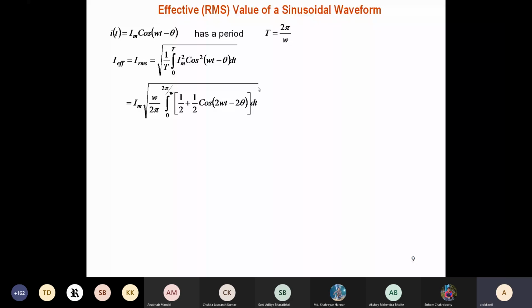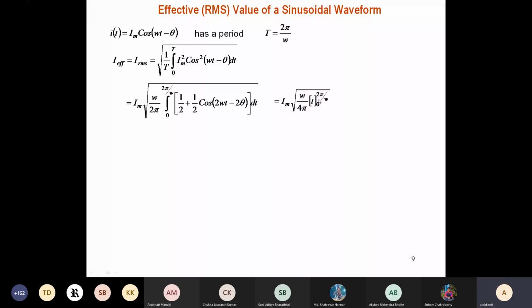When you do this integration, the integral of a cos over the whole cycle will give you zero. So you ultimately get Im omega by 4 pi, because this 1 by 2, this 1 by 2 will go with the denominator, so that is 4 pi. That is omega by 4 pi, and the integral of dt, which is t, from 0 to 2 pi by omega.